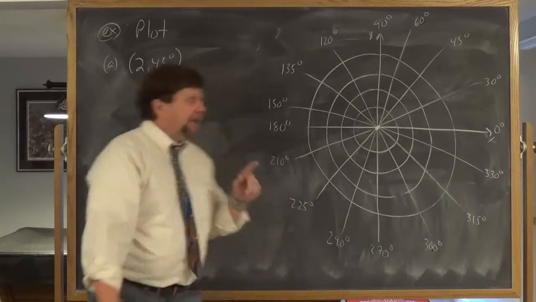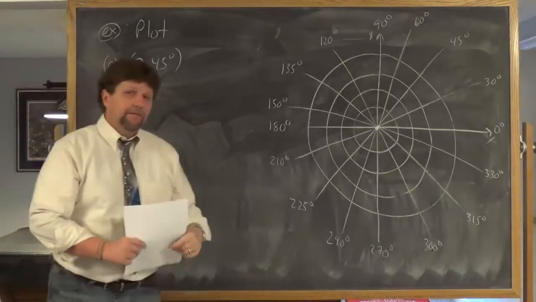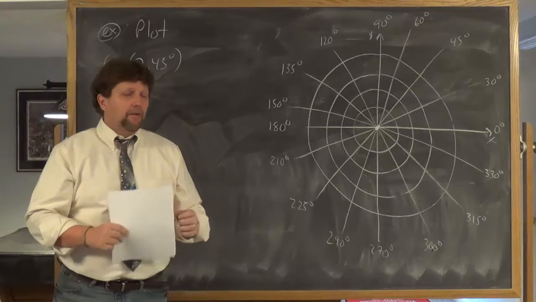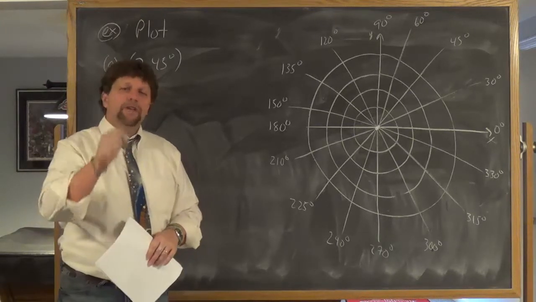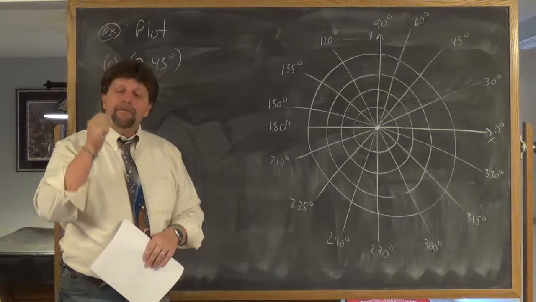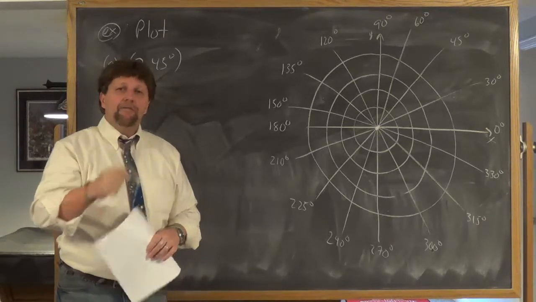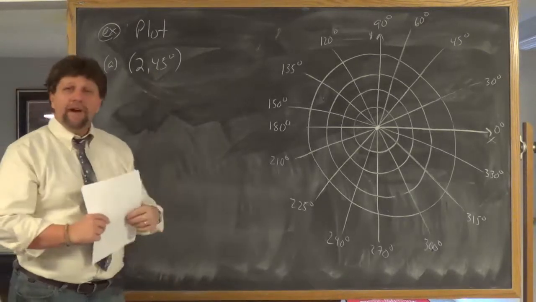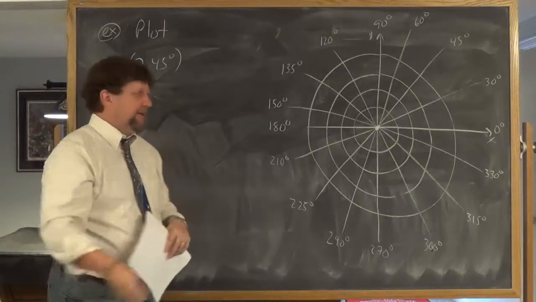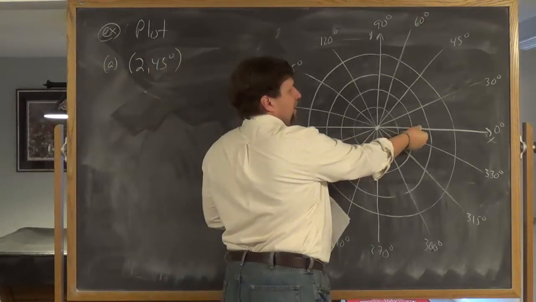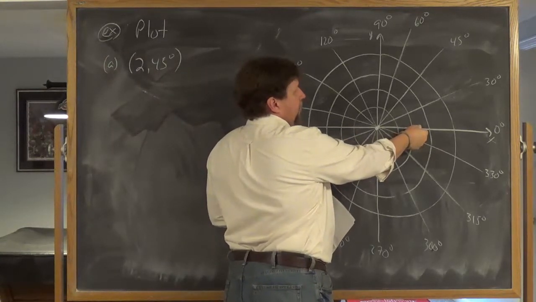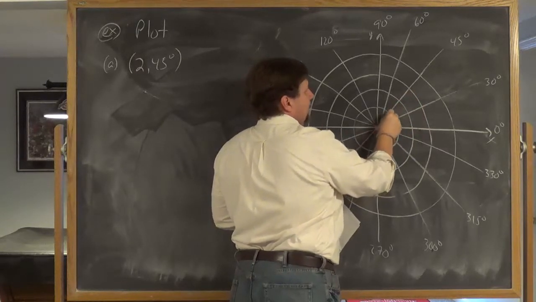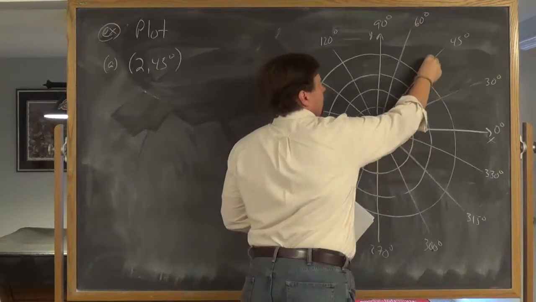So now when I'm asked to plot the point 2, 45 degrees, here's how I do it, because I want to make sense here in a minute out of what a directed distance is. The first thing I do is take care of my rotation of the polar axis. Since it's a positive 45 degrees, my polar axis starts here, gets rotated up to 45 degrees, and stops on that radial line.